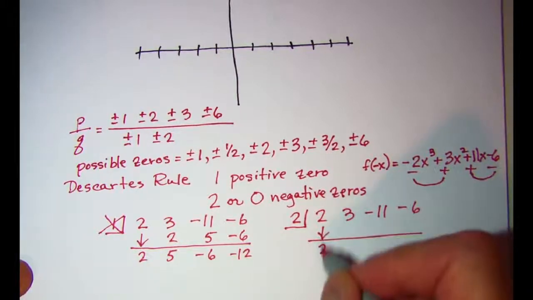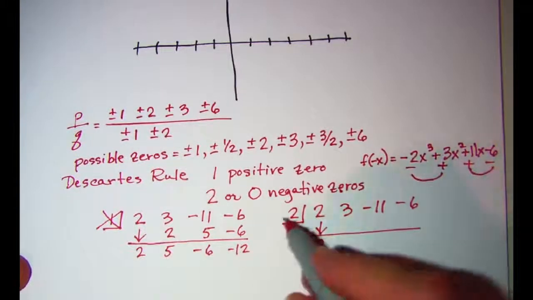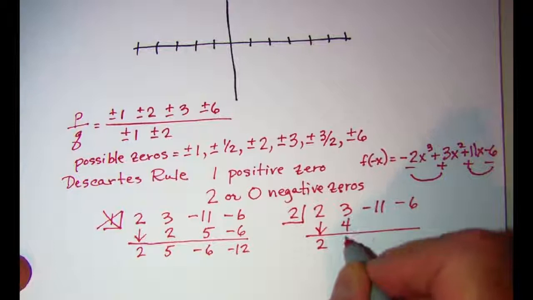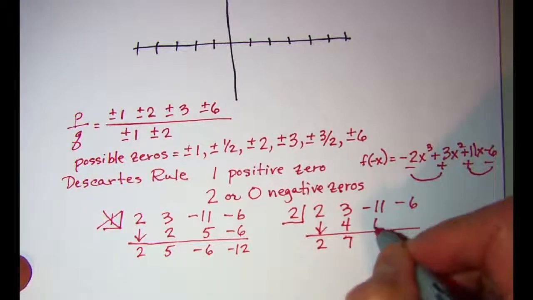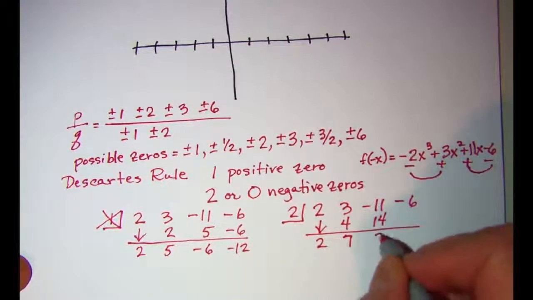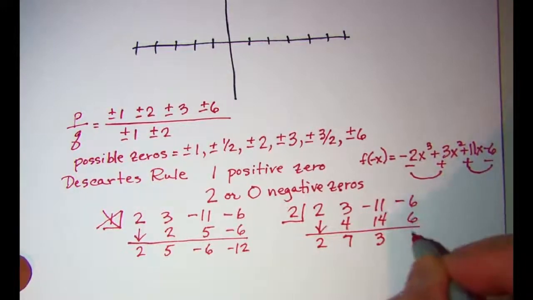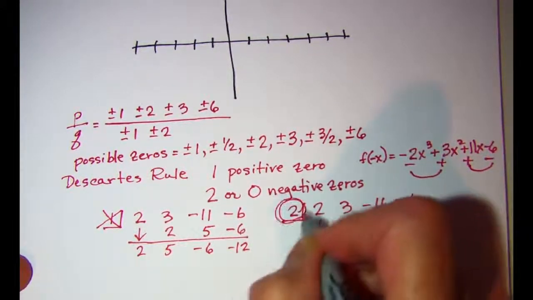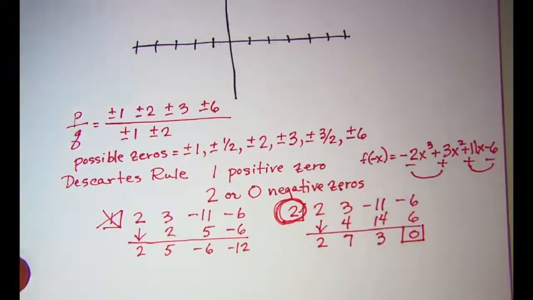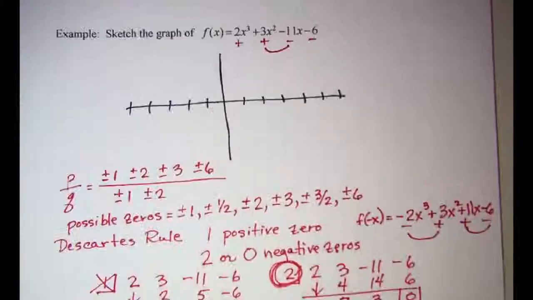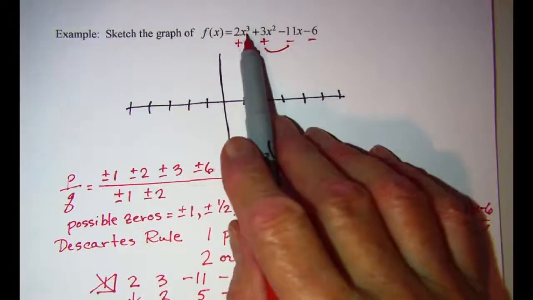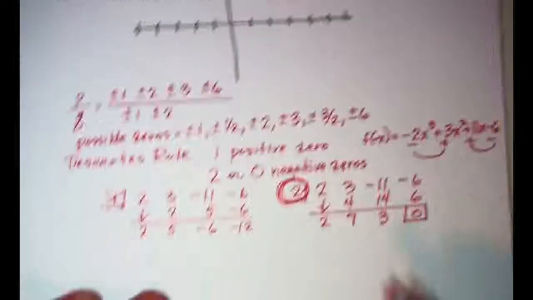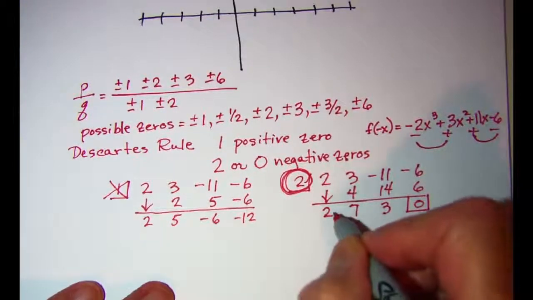Bring down my 2. 2 times 2 is 4, 7, 14, 3, 6. So I have a 0 there. That means that 2 is a 0 of my polynomial. Also, since I started with a third degree polynomial, my function now is second degree.